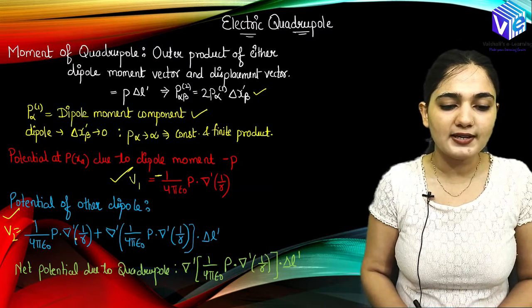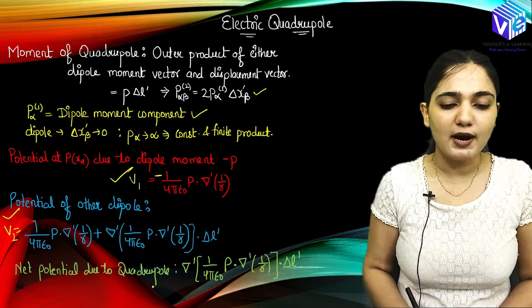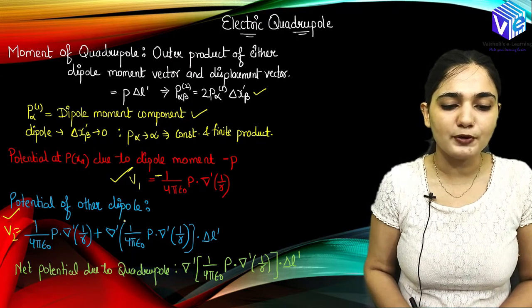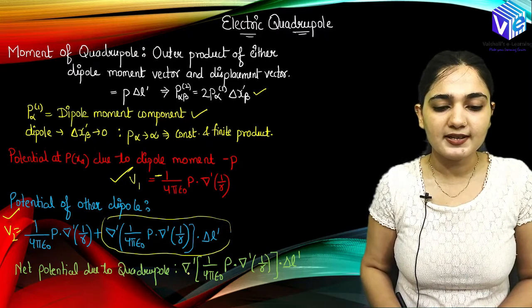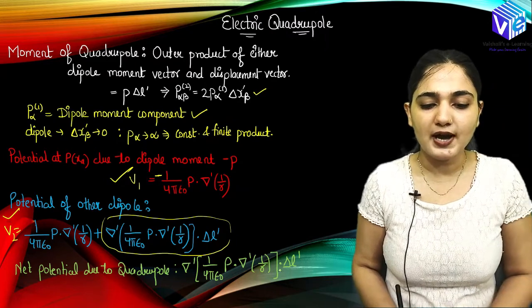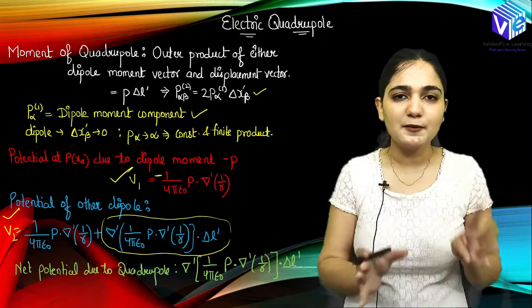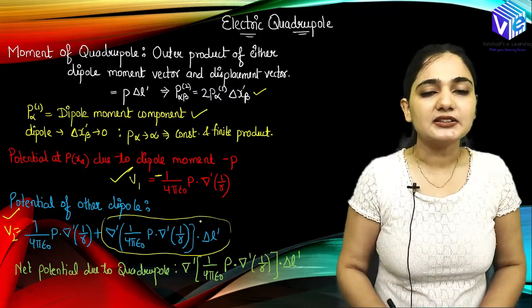So this component and this component are going to cancel out. So the net potential due to the quadrupole will have only this component, right? Only this component would be present, right? So it can be represented as del dash 1 upon 4 pi epsilon naught P del dash 1 upon R into delta L dash. So the net potential of the quadrupole will not contain this term, right?